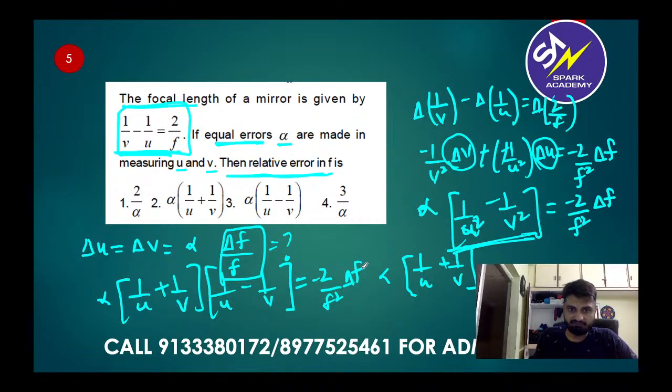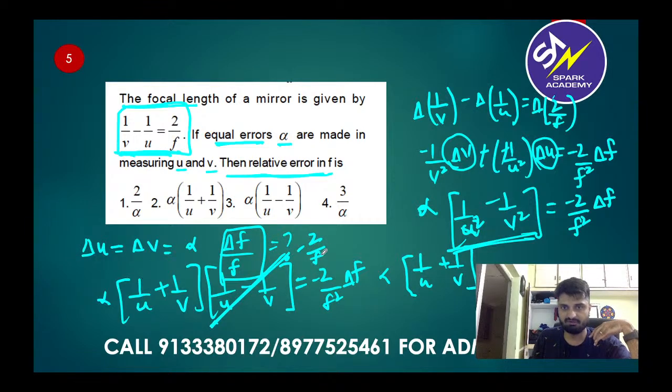Right? Everyone? Now what will happen? You know 1 by f is 1 by v minus 1 by u, right? So if I have 1 by u minus 1 by v, this I can cancel and write minus 2 by f. So this minus 2, f and square will get cancelled.